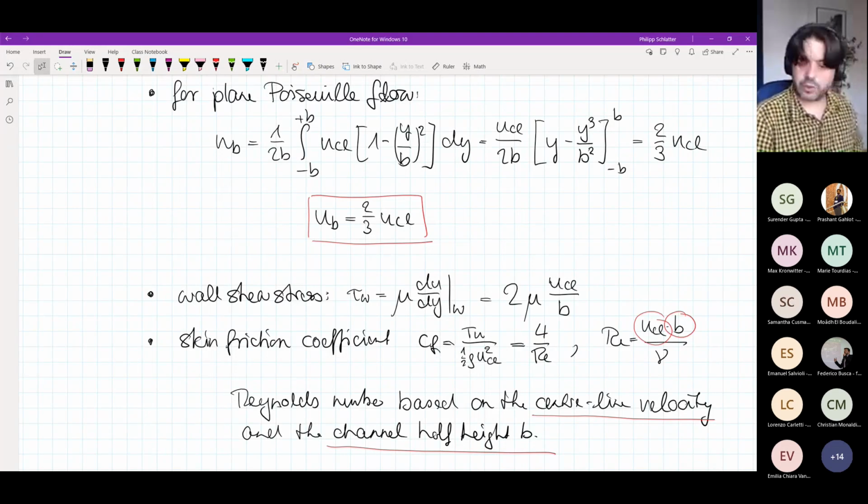Then we have calculated the wall shear stress and the skin friction coefficient as CF being 4 divided by Reynolds. Keep in mind, for Couette, it was 2 divided by Reynolds. It doesn't really matter so much what this factor is. The important thing is that, again, it is linear in the speed or in the pressure gradient. And that, I guess, is the important realization.